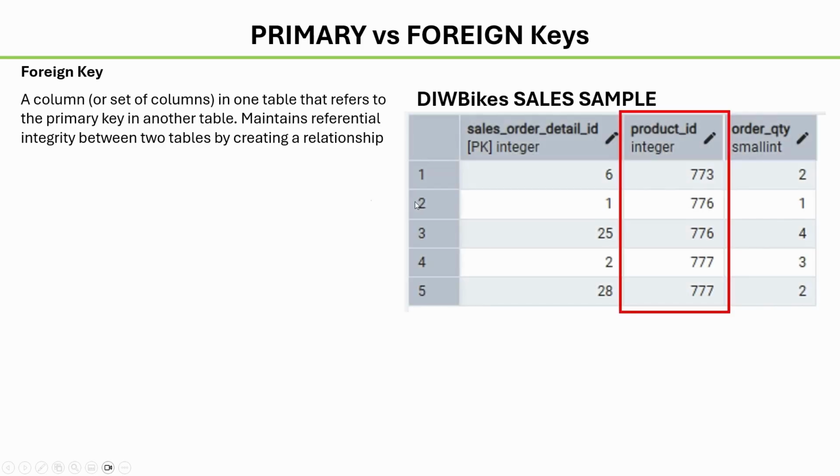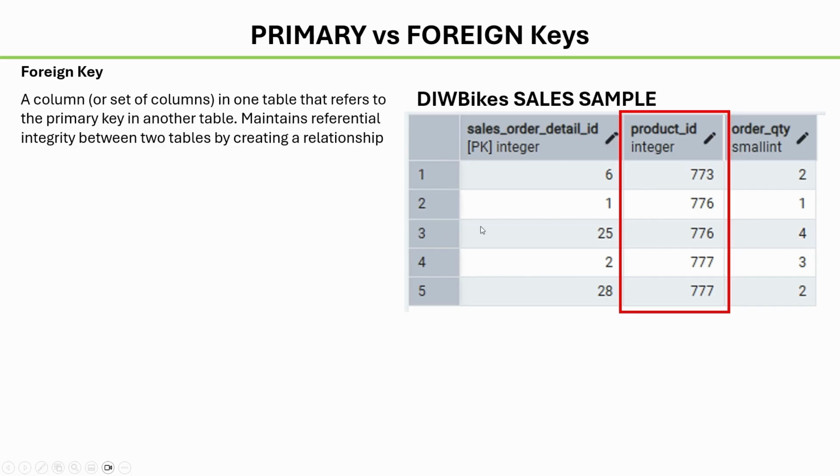Now let's take an example, our sales sample. At the very granular level, it gives us information about the items being purchased at the time the customer is placing an order. This product key doesn't originate from this sales table. It originated from the product table. However, it's being referenced in this sales table, and that's what I mean by living in another country, in another table in this case.